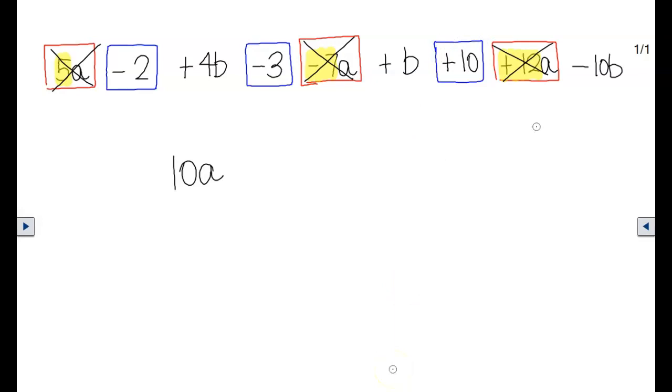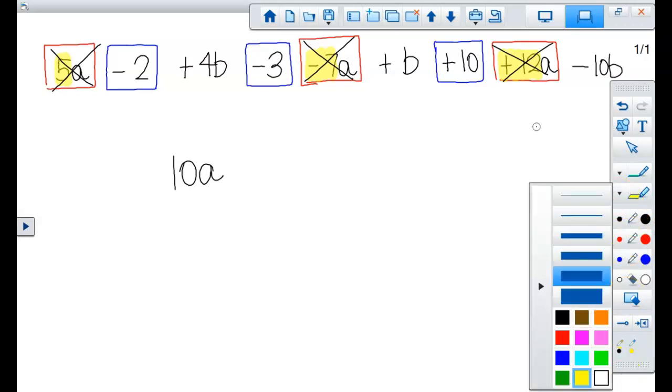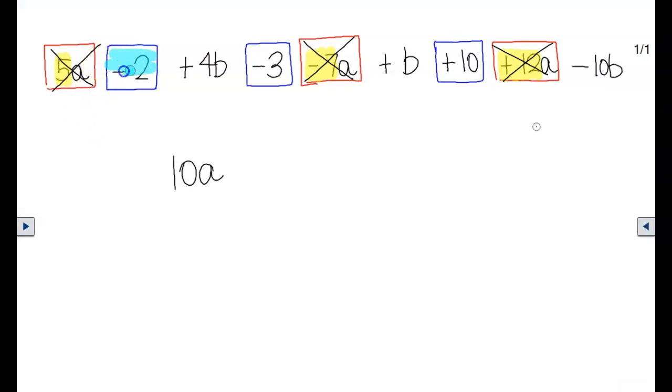And that looks like that's all of them. So there are all of the terms that don't have a last name. That makes them alike. And again, I can combine all three of those into one by working with these numbers. So this says I'm going to do a negative 2 minus 3 plus 10.